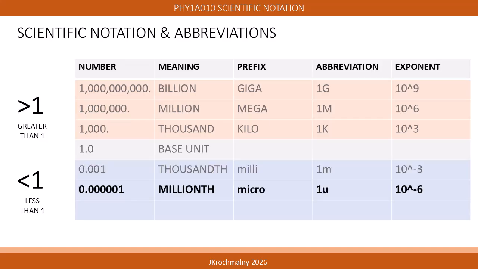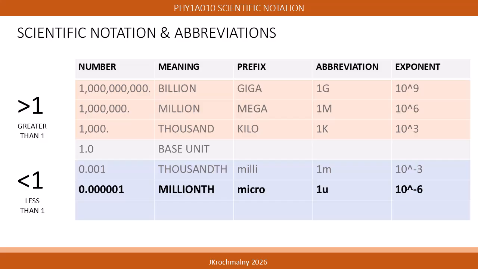A millionth of something will be identified with a prefix of micro and abbreviated with a lowercase u letter. Looking at the exponent, we see 10 to the power of -6. Again, we see that 6 zeros are applied to the process of scientific notation conversion.